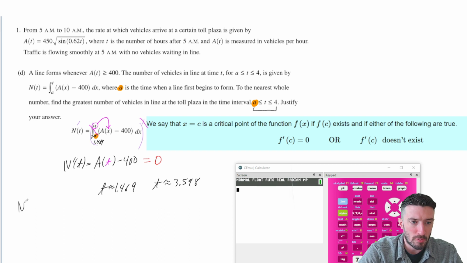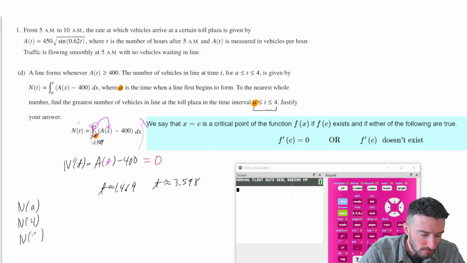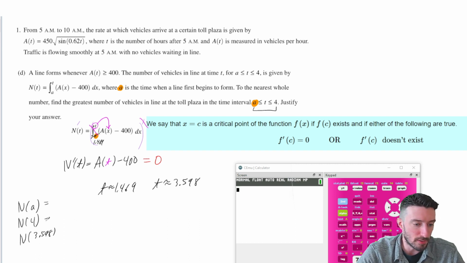So now all that remains is just plugging in our a, plugging in our 4, and plugging in the last critical point that wasn't already there, the 3.598, and we'll just see which one of these comes out the biggest.